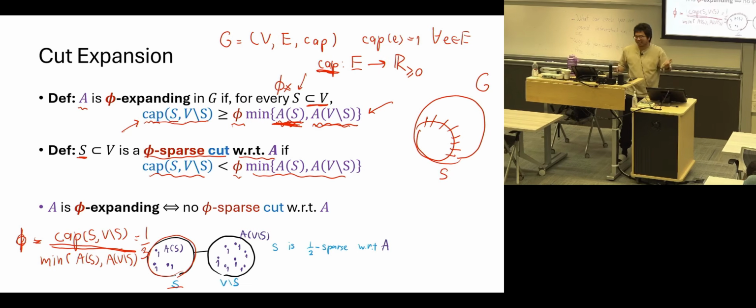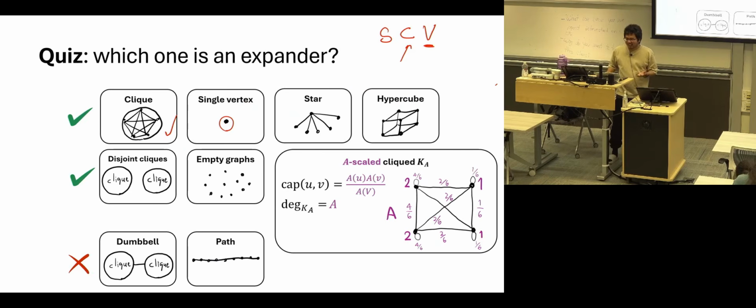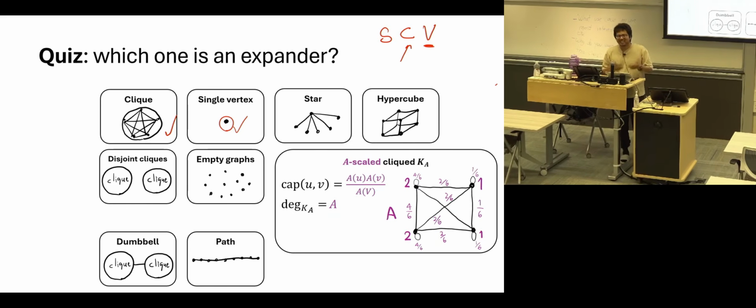So that's why a single vertex is an expander, for a kind of stupid reason.